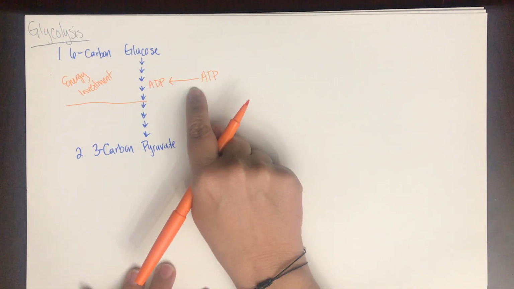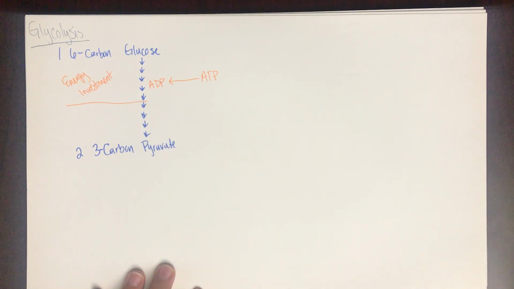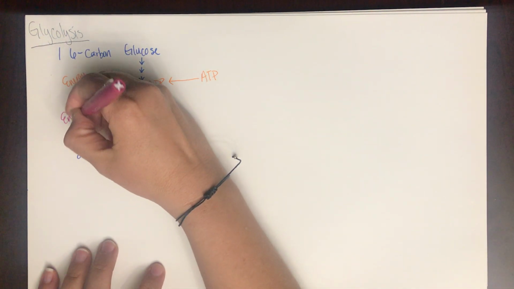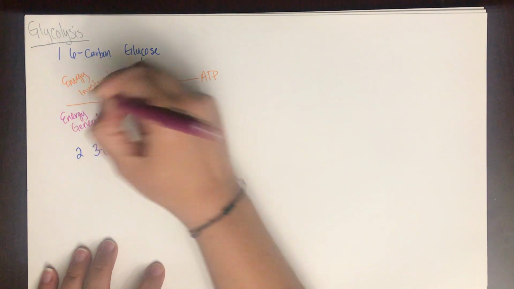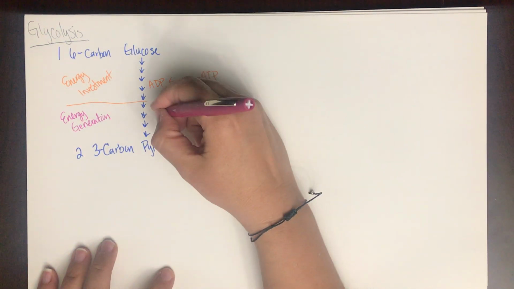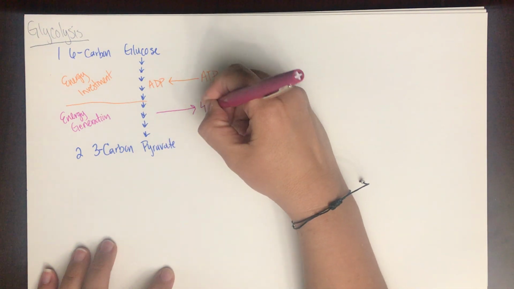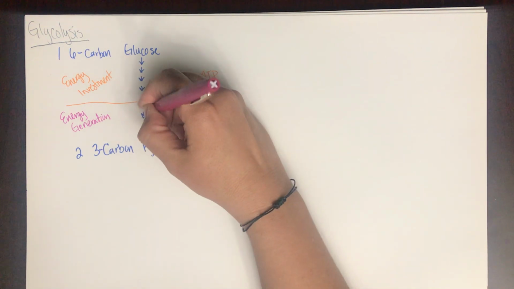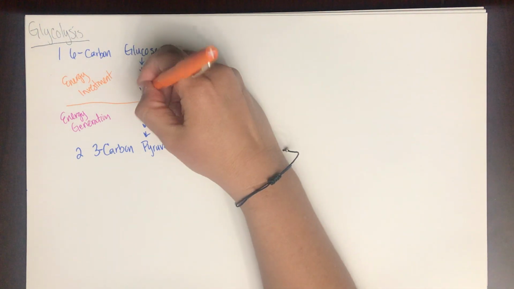We're actually going to have to invest some energy in. And then in the energy generation phase, we are actually going to make 4 ATP, for ADP, and then these are 2.